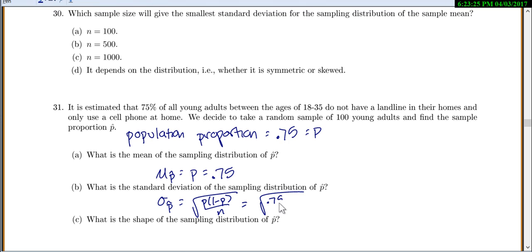So this would be 0.75 times 0.25 over n. We want to take a sample of 100 random adults, so we'll have a sample size of 100. This gives me 0.043.